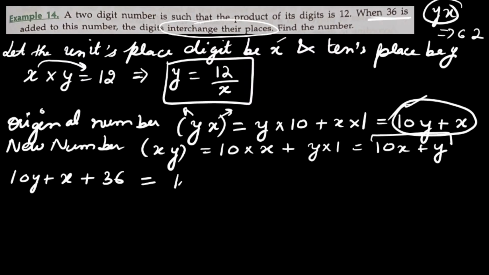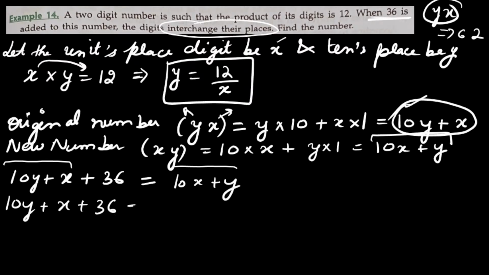So what is the new number? 10x plus y. This was the main concept here. We can just simplify now. So 10y plus x plus 36 minus 10x minus y is equal to 0.